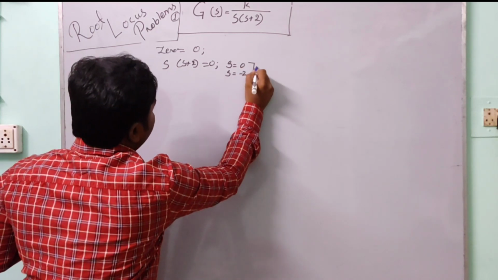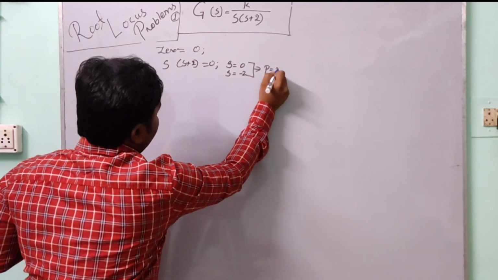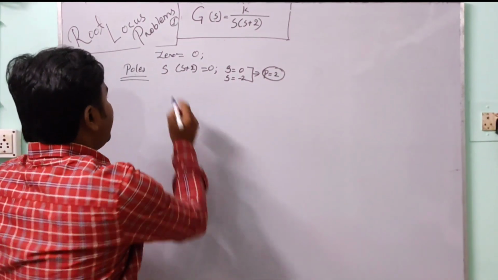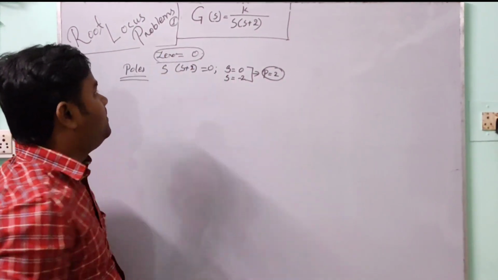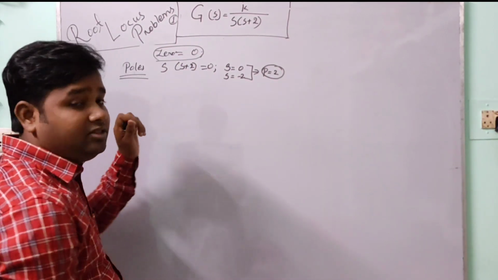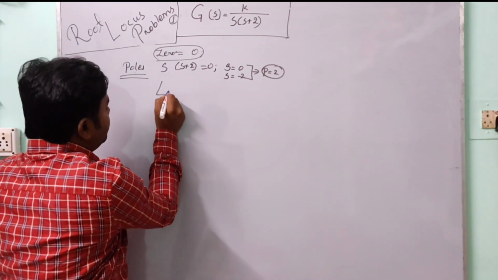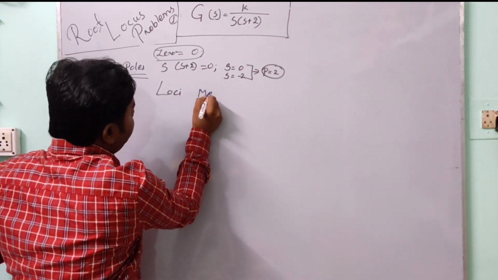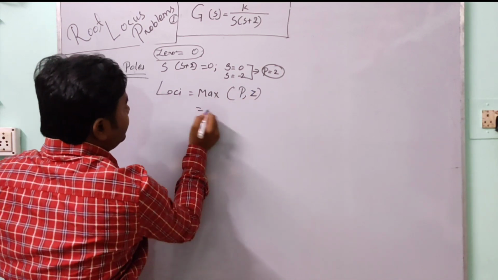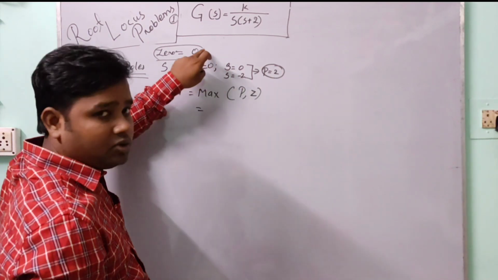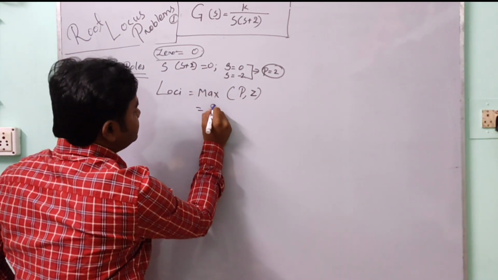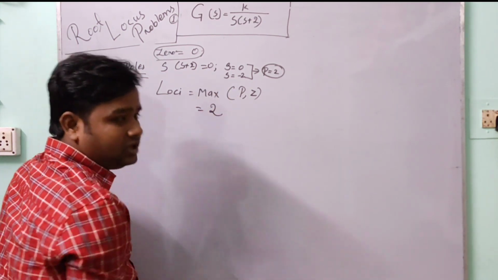That means there are two poles, so P = 2 and Z = 0. Within these P and Z, the number of loci is the maximum value of pole and zero. Here the pole value is 2 and the zero value is 0, so within these two the maximum is 2. So the number of loci is 2.